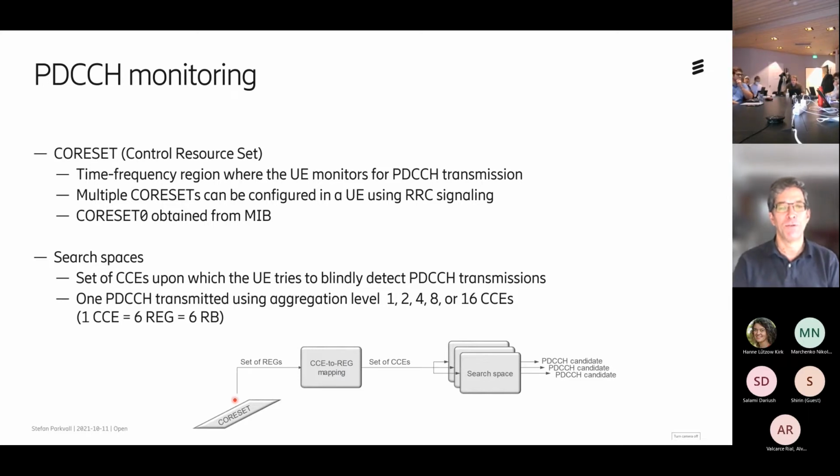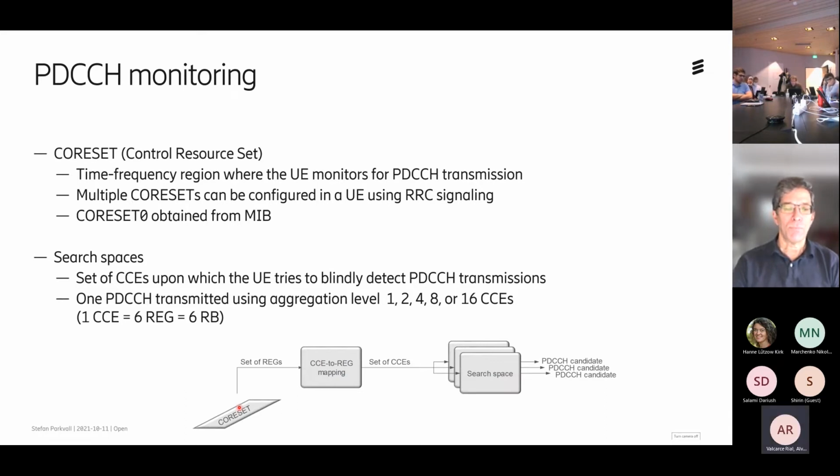So each of the UEs has the same core set it monitors. And in this core set, from a network perspective, I transmit control channels to whatever UEs I want to address. And all the UEs search for messages intended for them here, and some of them will find something and some won't.